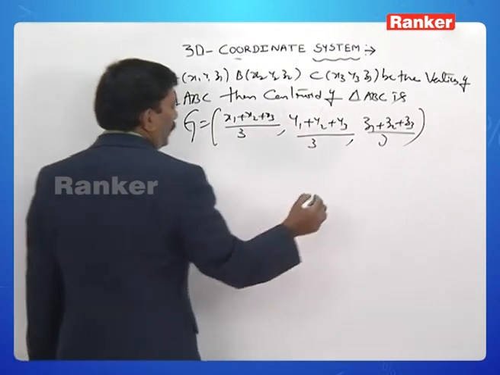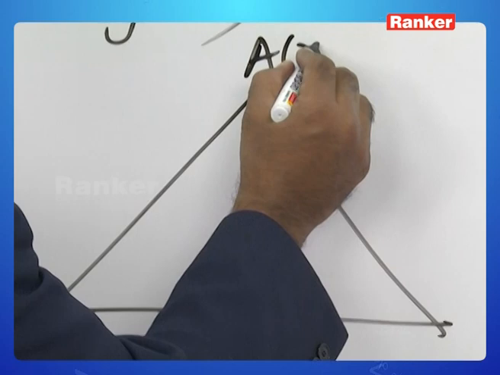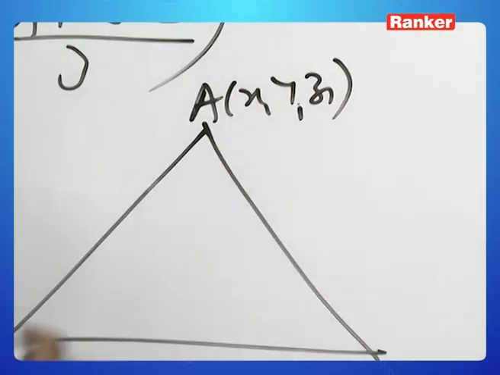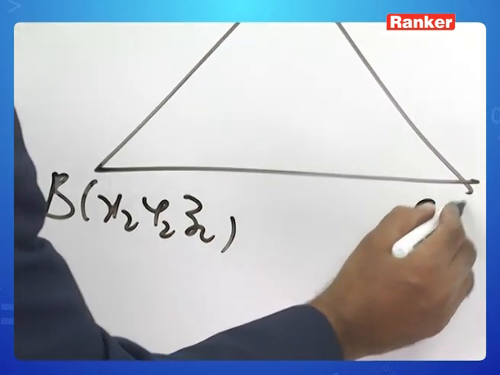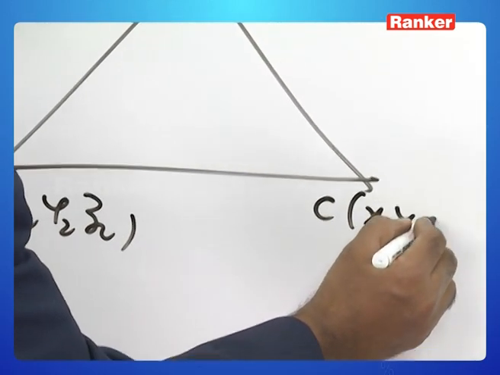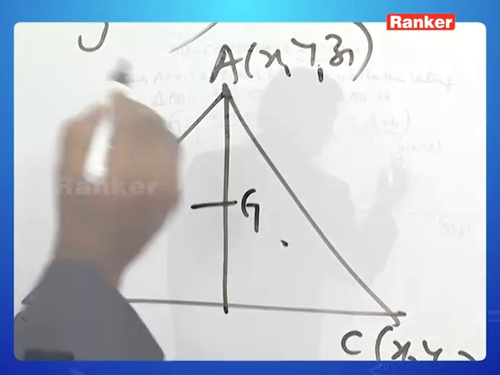How, sir? If I go to this one, it is a triangle A of x1 y1 z1 and B of x2 y2 z2, this is x3 y3 z3, this is the centroid.